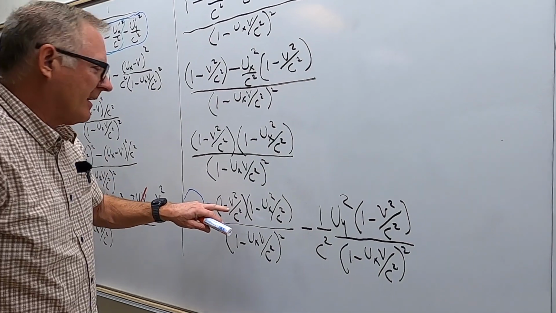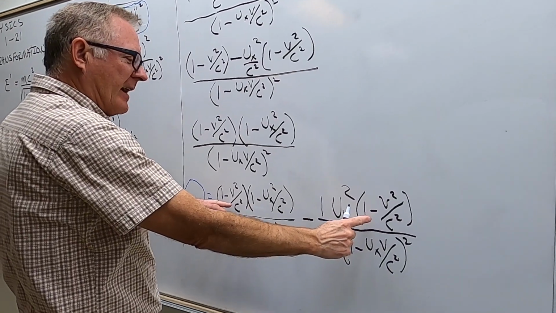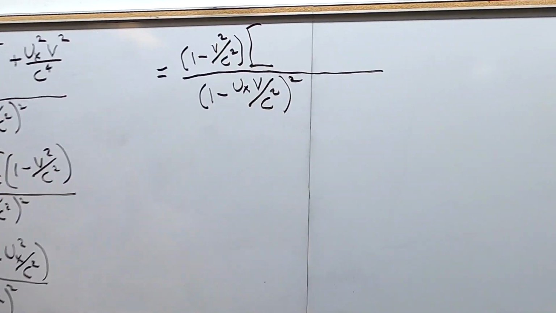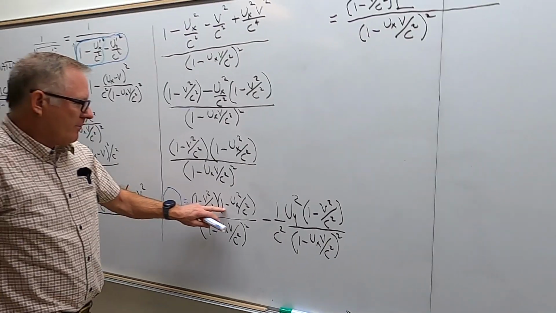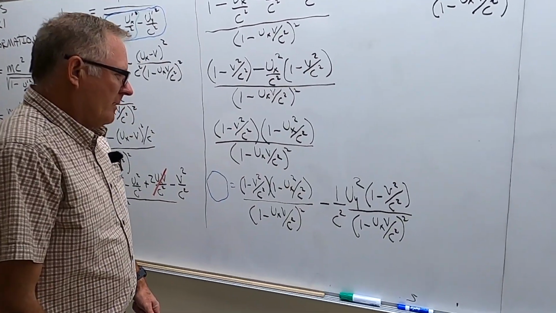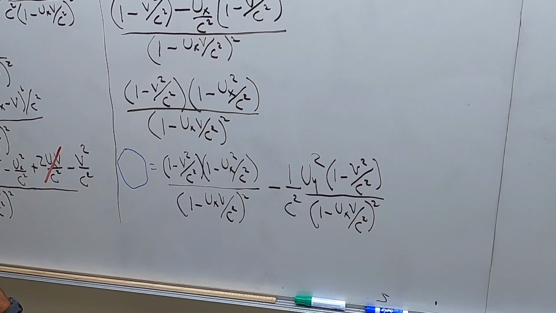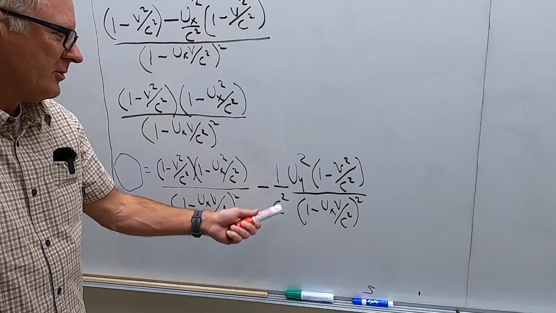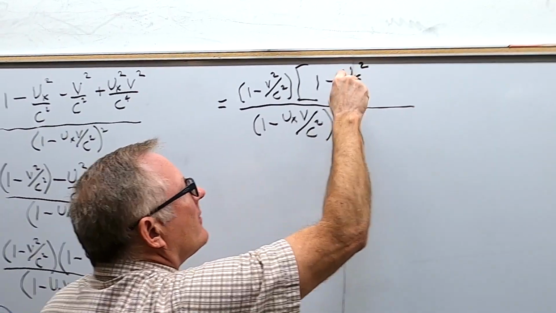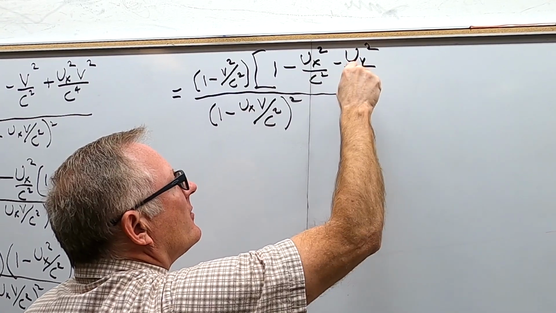Well, I guess I could have factored it out. It's in both terms here, so we'll just factor it out. So that term gets factored out, and we're left with 1 minus ux squared over c squared minus uy squared over c squared.